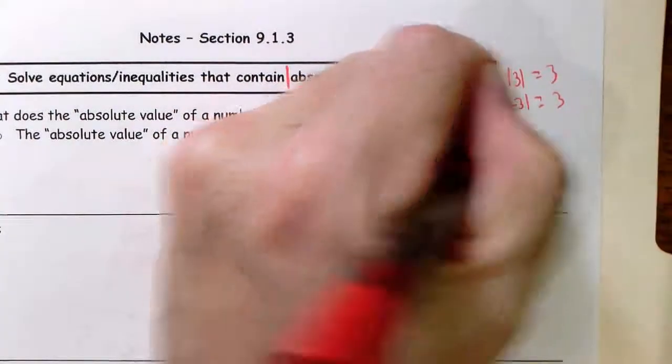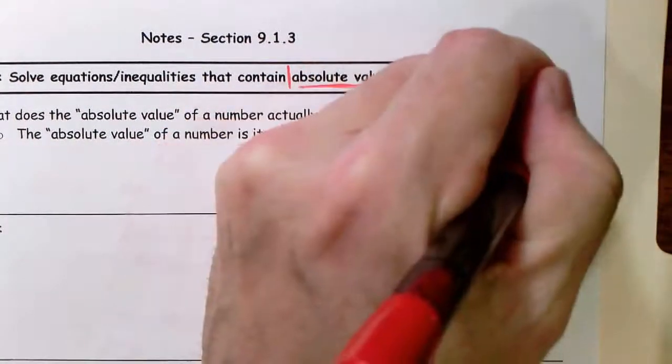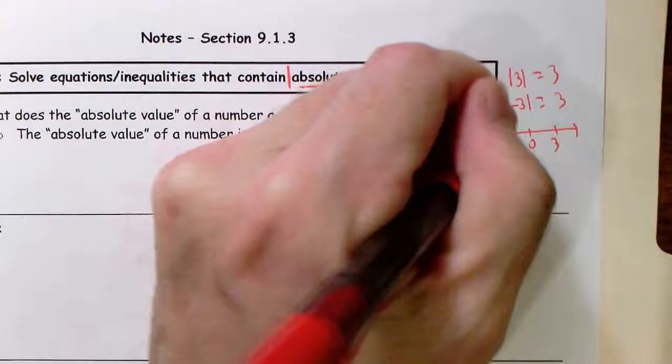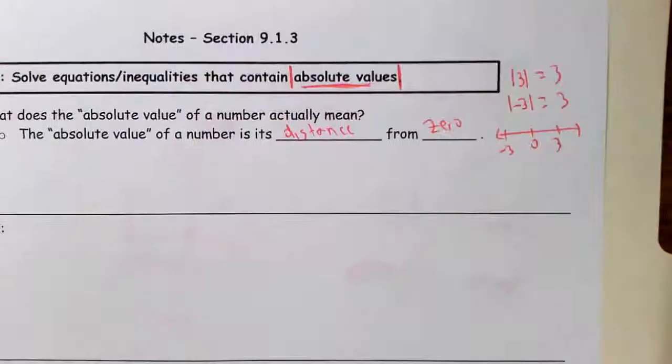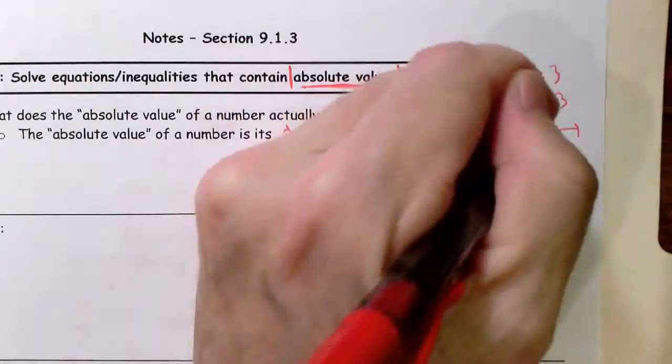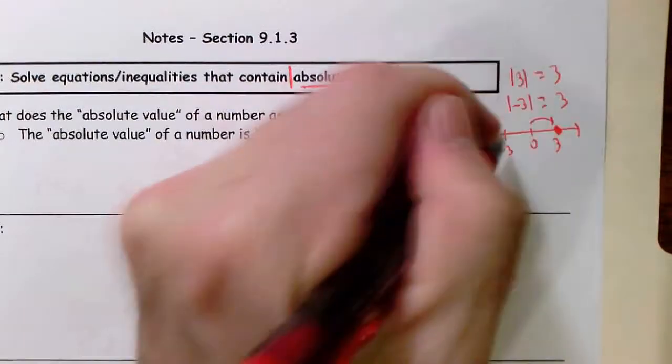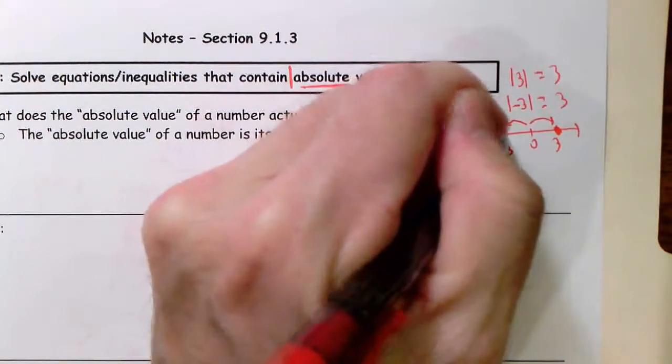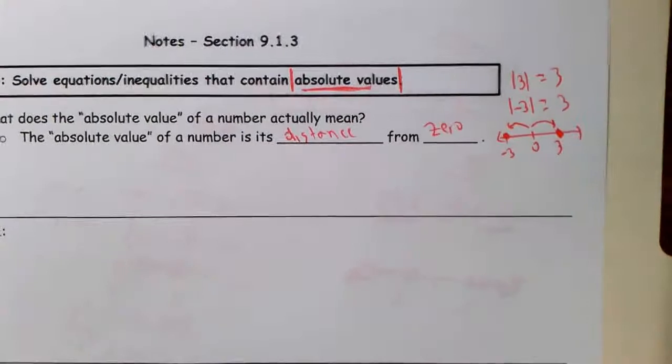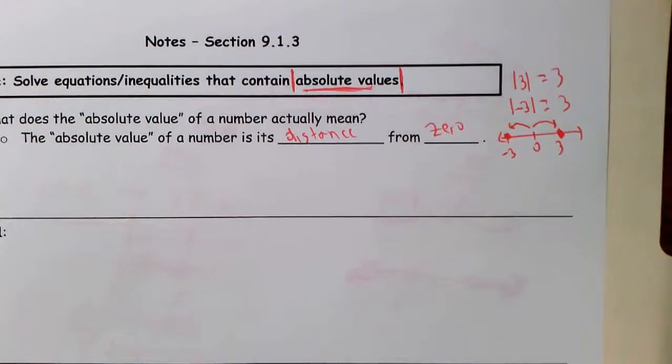Right? On a number line, 3 is 3 spots from 0, and negative 3 is 3 spots from 0, and it doesn't really matter if you're going left or right. The point is, the distance from 0 equals 3.